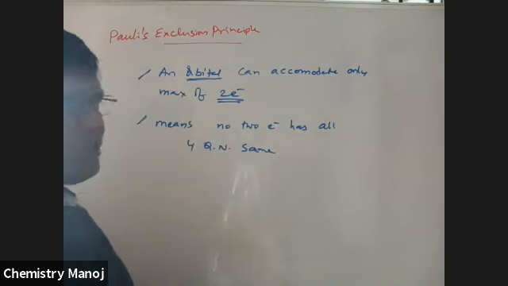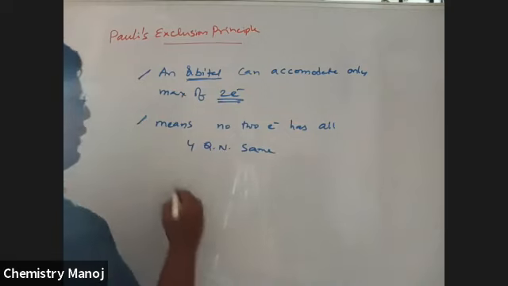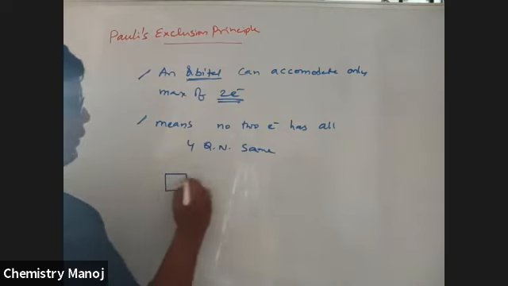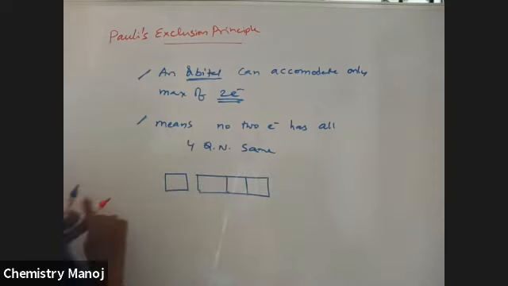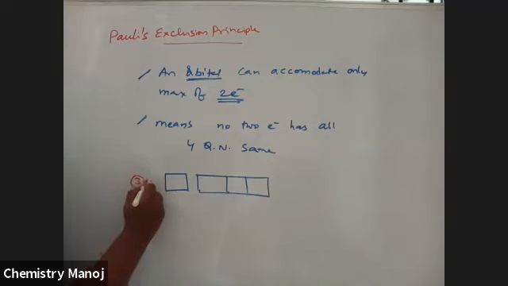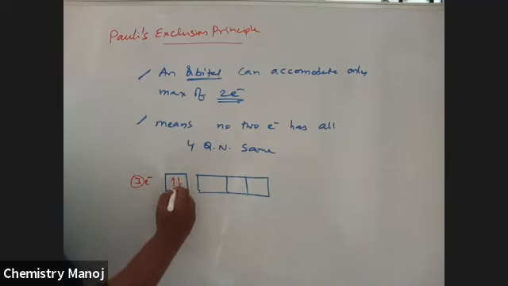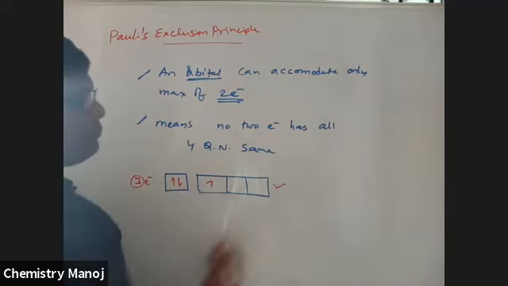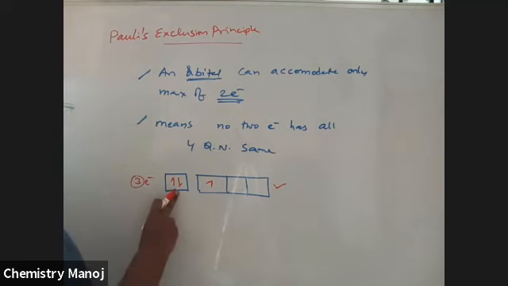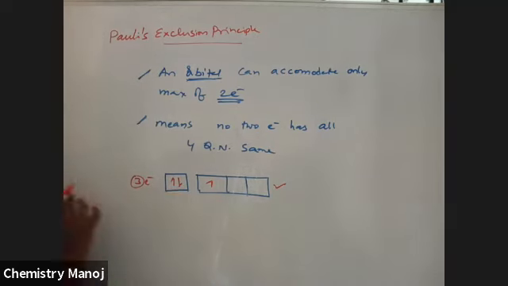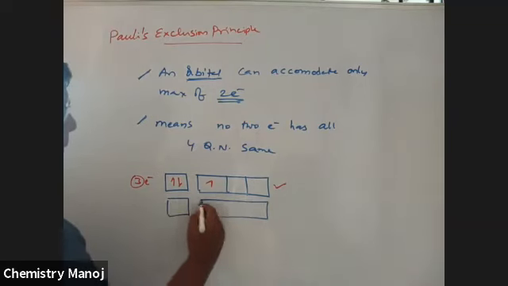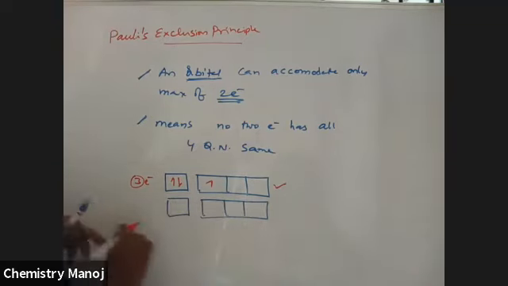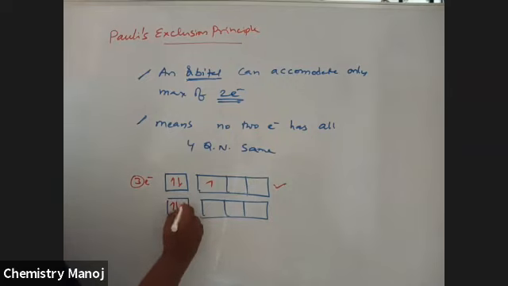A third electron is not possible. For example, these are the available orbitals, s and p. There are 3 electrons. So 1, 2, 3 in different orbitals is correct, with only a maximum of 2 electrons in each. But 1, 2, 3 in one orbital is not possible.